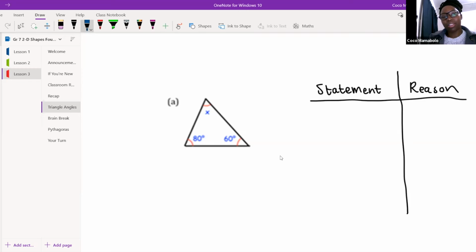So first, statement. Okay, so you're gonna say x plus 80 degrees plus 60 degrees, and you're gonna say that equals 180 degrees. Excellent. What is my reason?